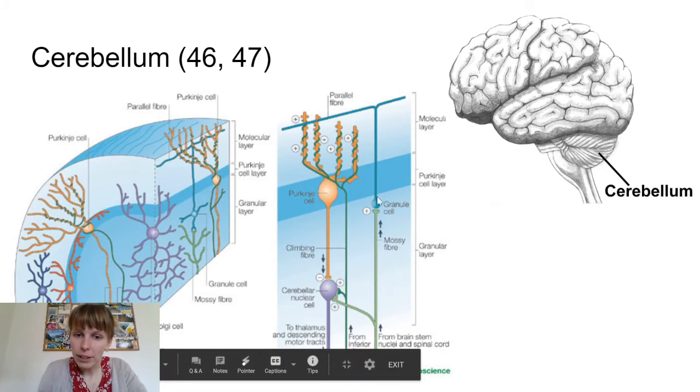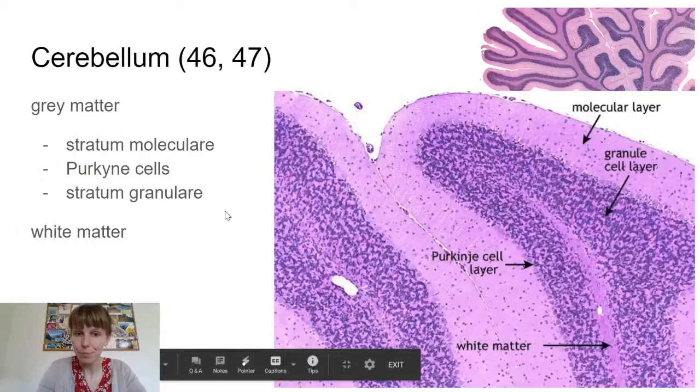And the inner layer, where you will have many smaller neurons, will be called the granular layer. So molecular layer outside, then one layer of Purkinje cells, and then granular layer here.